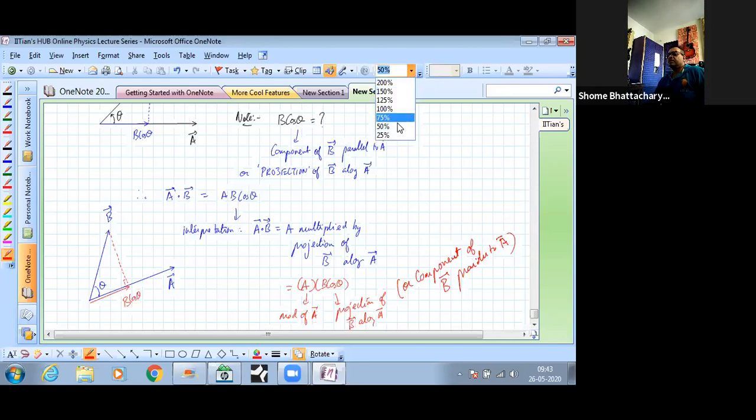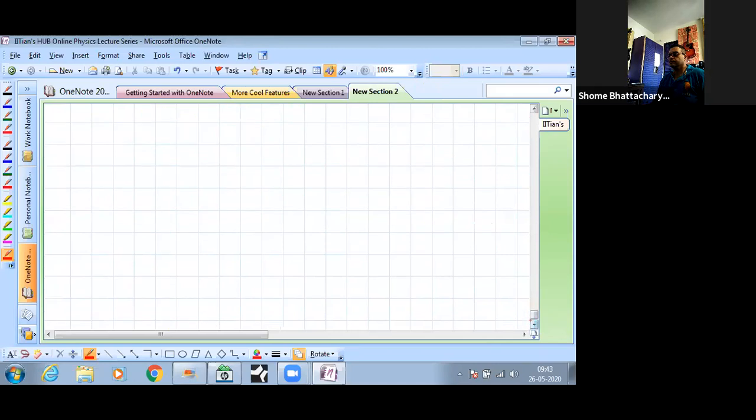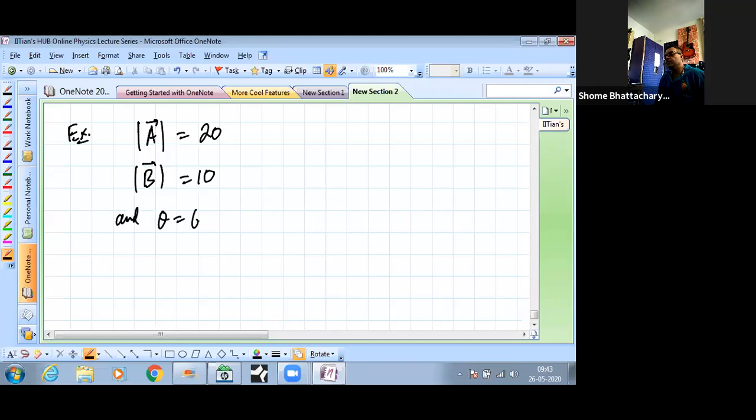Okay, let's understand this with a couple of numerical examples. So for example, if I have vector A of magnitude 20, vector B of magnitude 10, and theta is equal to 60 degrees.